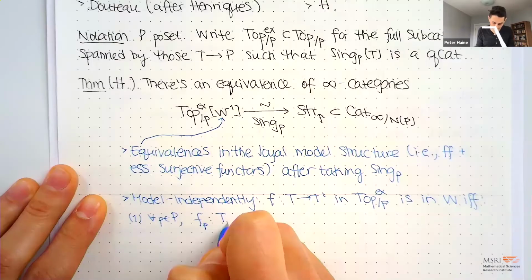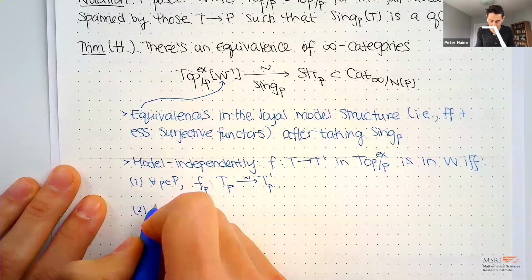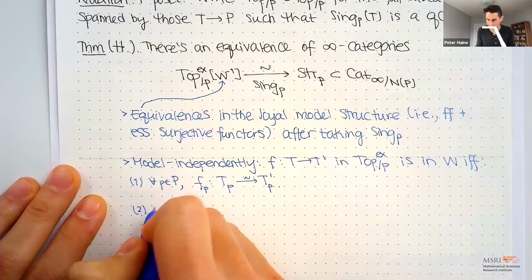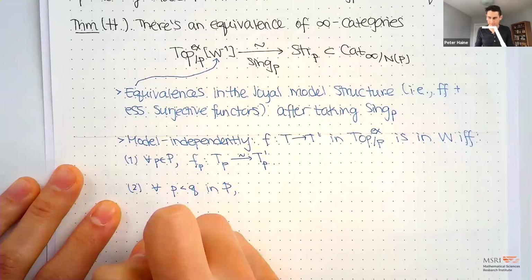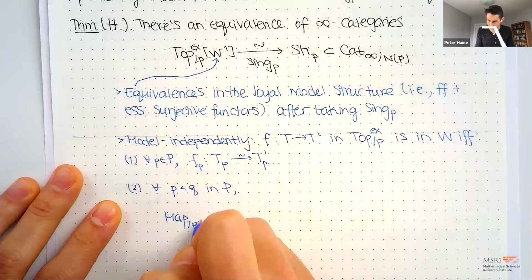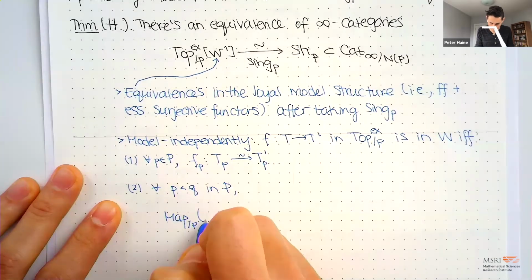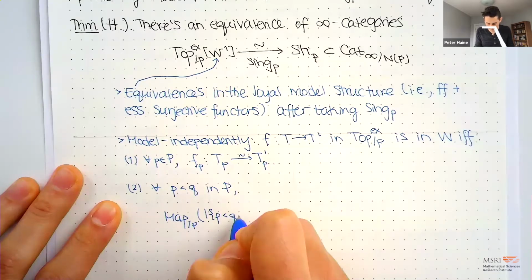And then you need some data to glue this together. So whenever I have a p less than a q in P, well, what can I do? I can take the space, and here I mean the topological space of sections of T over this.